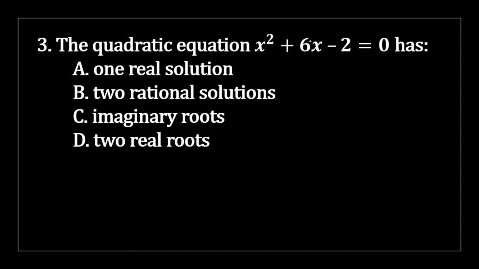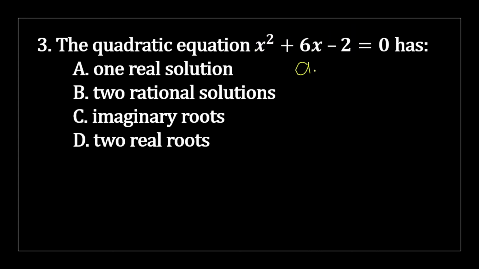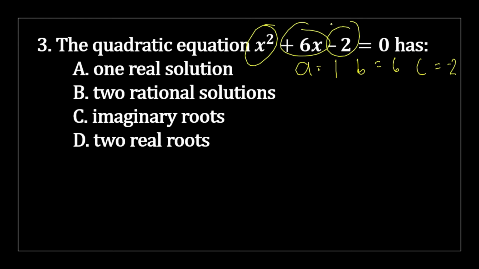To get the discriminant, all we have to do is to find the value of b squared minus 4ac. In this equation, the value of a is 1, the value of b is 6, and the value of c is negative 2. Again, a is 1, b is 6, and c is negative 2. The coefficient of x squared is a, the coefficient of x is b, and the constant is c.